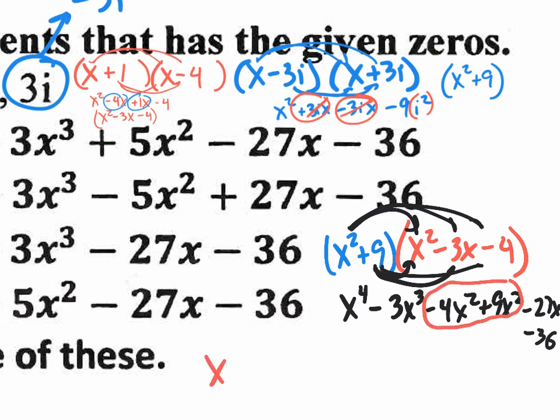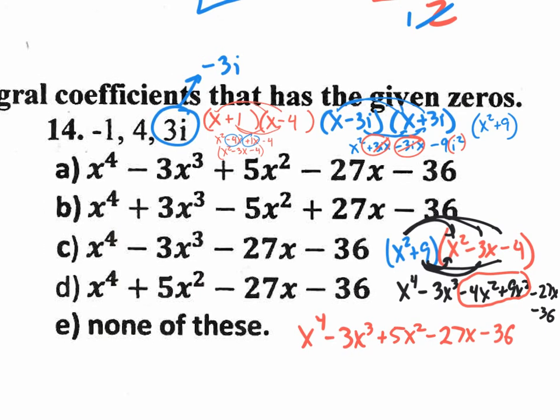So your final answer is x to the 4th minus 3x to the 3rd plus 5x squared minus 27x minus 36, which is A? Yes, sir. It's A. It is A.